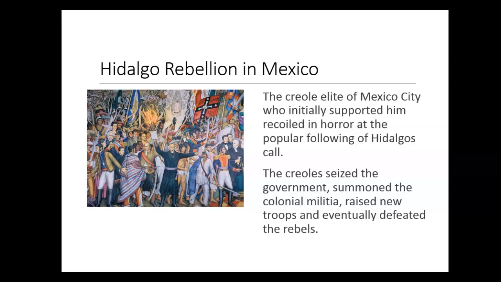The Creole leaders of the insurrection witnessed the indigenous people rise against all white oppressors. Creoles as well as Spaniards, Peninsulares, and Creoles were killed in large numbers. But the Creoles retaliated, seized the government, summoned the colonial militia, and raised new troops.